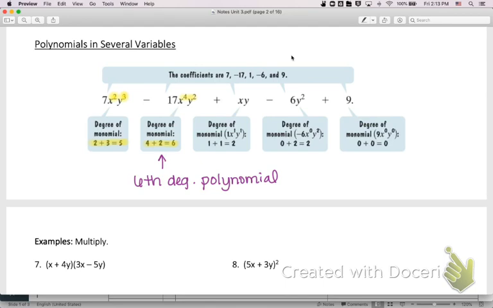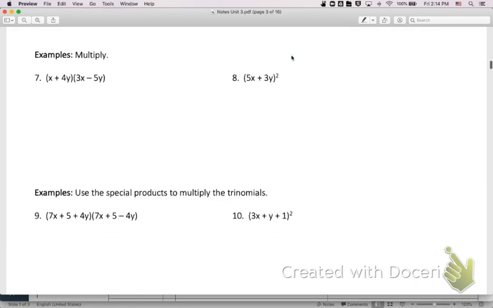okay? Now, we can multiply things that have multiple variables, no problem, exactly the same way that we multiplied anything else. So we have x times 3x, that's 3x squared. X times 5y is just going to be minus 5xy. Then we have 4y times 3x, that's 12xy. We always write variables in alphabetical order within a term.